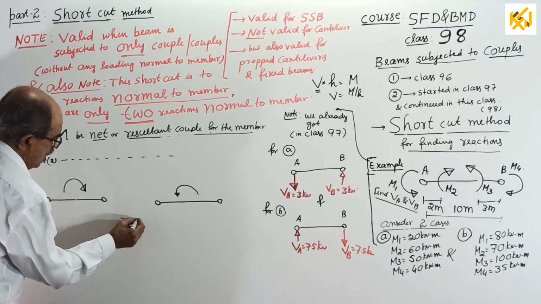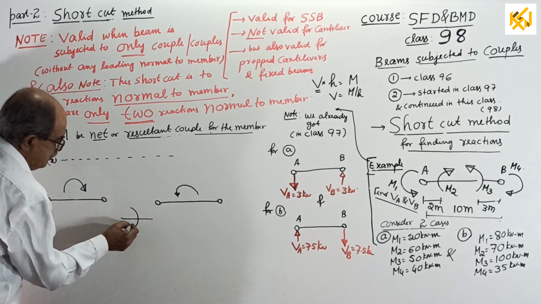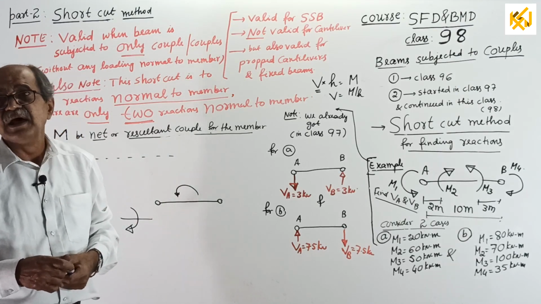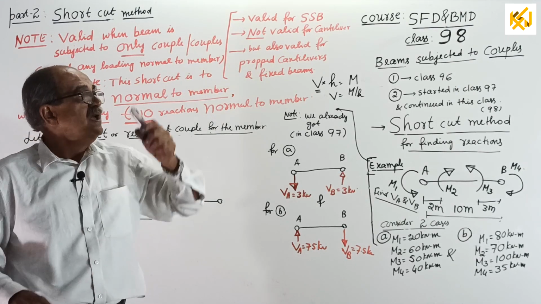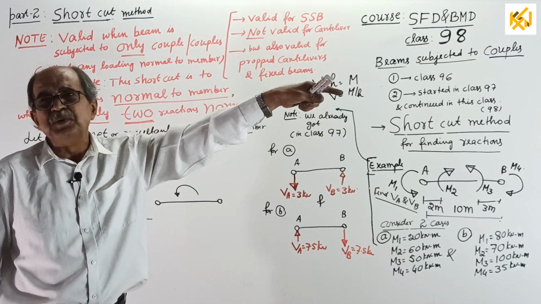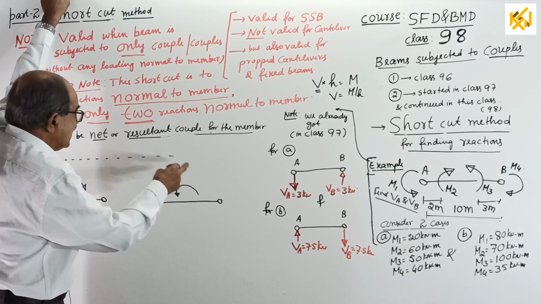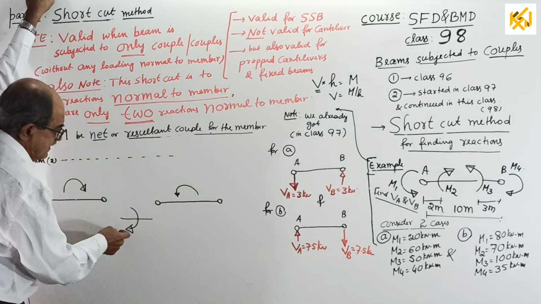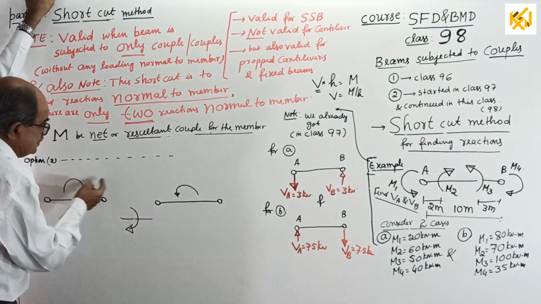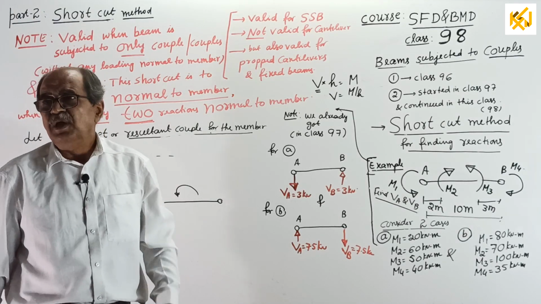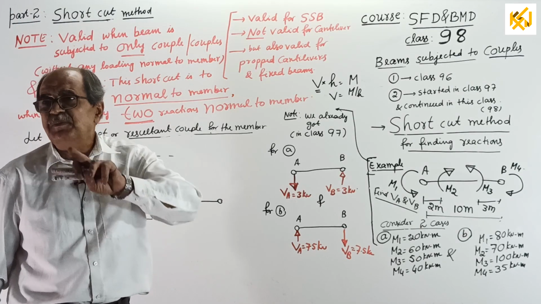Do not write like this. If you write like this here, there is no problem, but later, when you go for SFD and BMD, I will tell you, an intermediate couple, always don't write like this. Writing this way, you get a lot of your confusions removed by the explanation given by me.